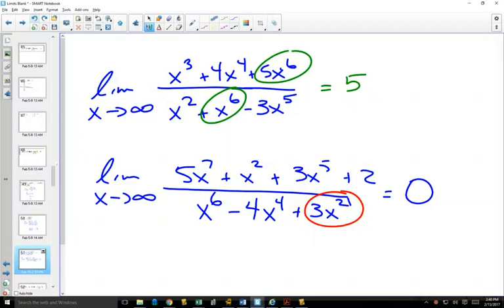So if you have a highest power on the top of your fraction, then it'll just keep getting bigger and bigger and bigger. And if you have the highest power in the denominator of your fraction, then you're just going to get a bigger and bigger and bigger number on the bottom, and then that limit will go to 0.